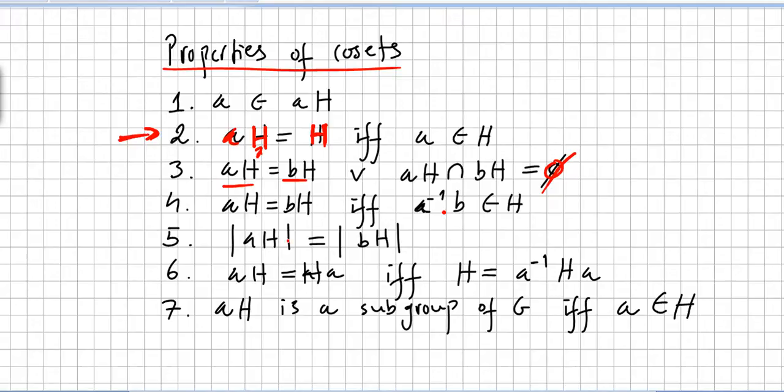The order of A times the subgroup H equals the order of B times H. 6. AH equals HA if and only if the subgroup equals the product of inverse of A, H, A. 7. AH is a subgroup of G if and only if A is in H.